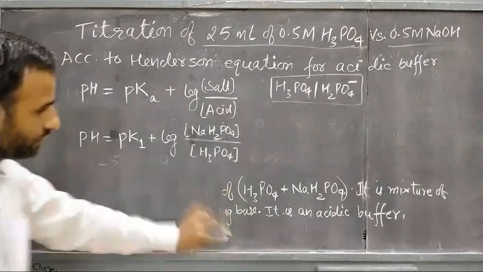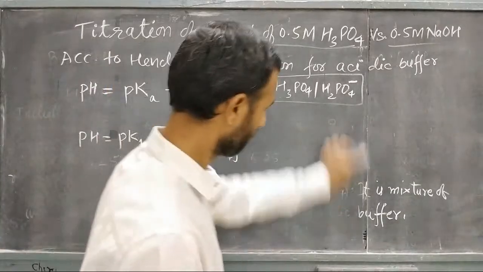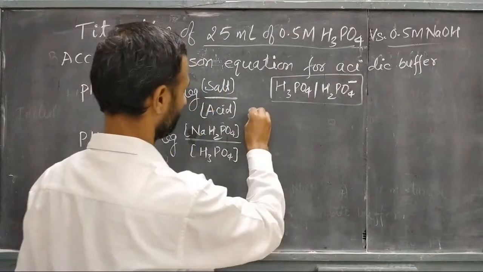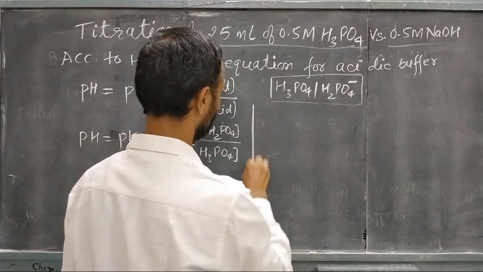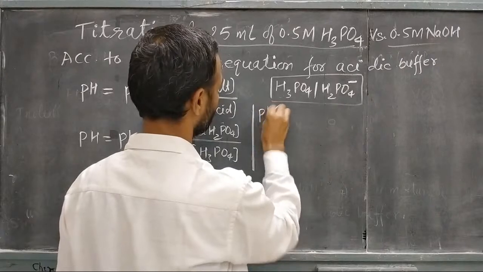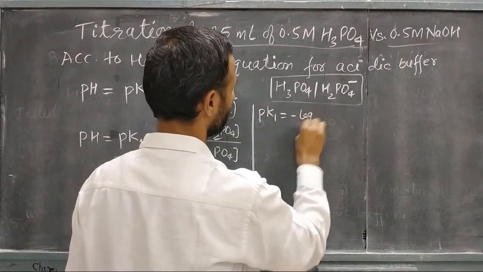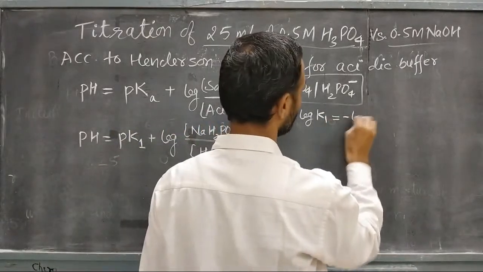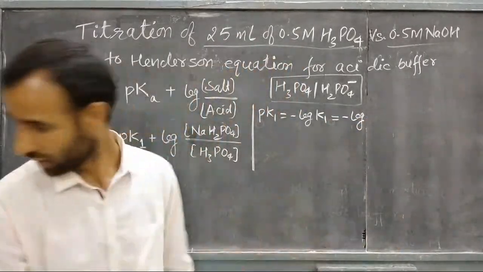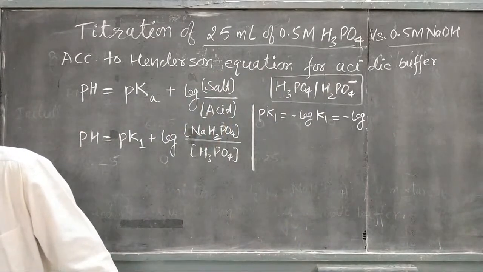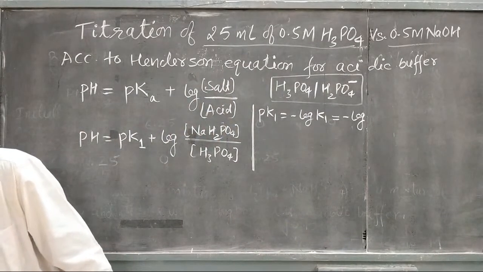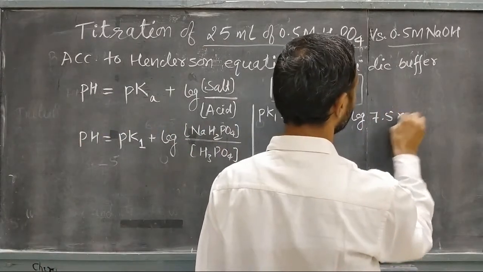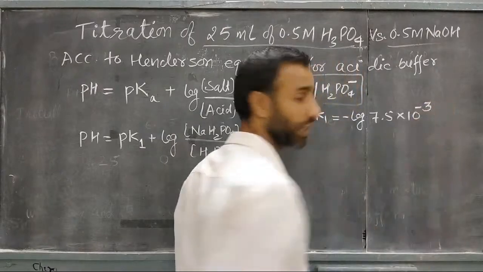You know volume remains the same. So just calculate pK1 first. pK1 is minus log of K1. What is K1? K1 is 7.5 into 10 raised to minus 3.